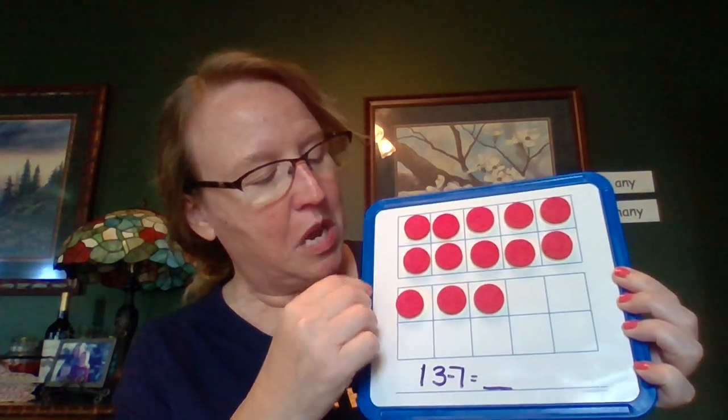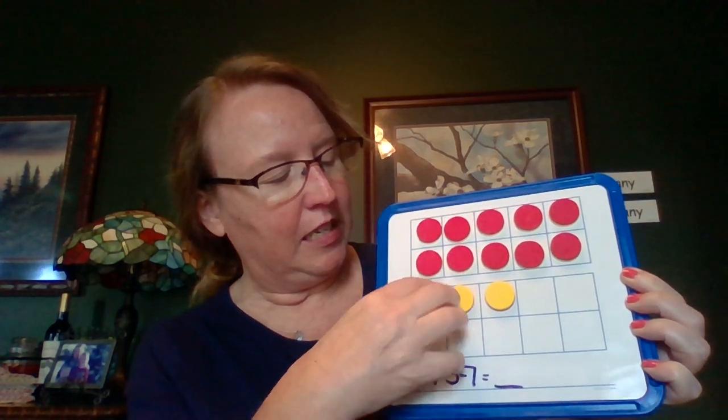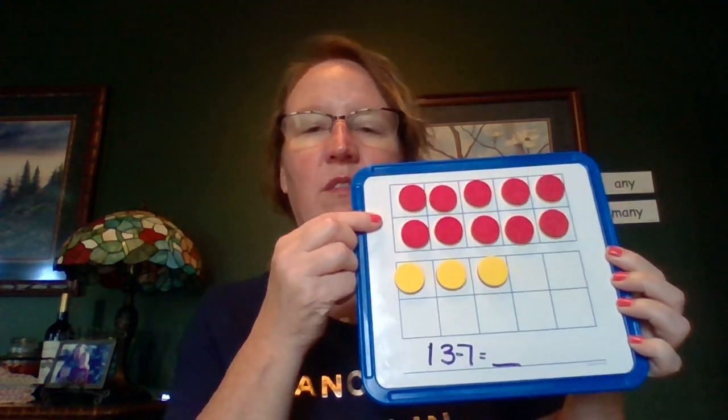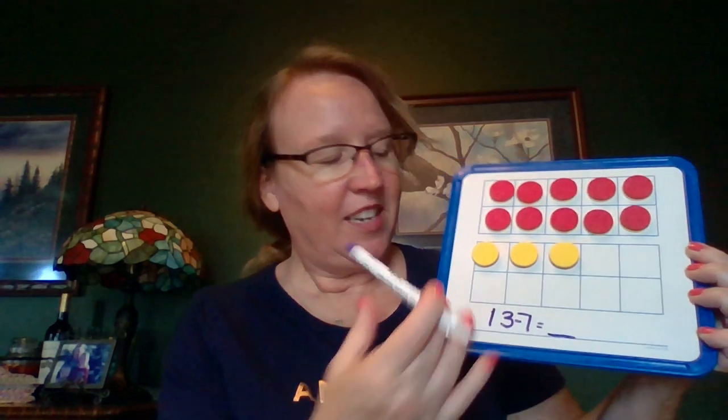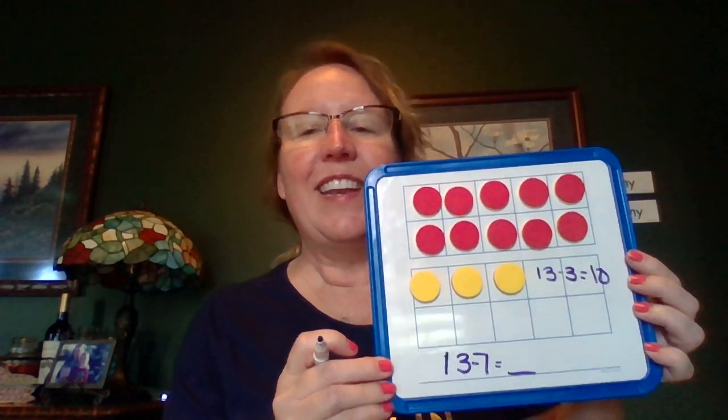All right. So here we go. I'm making a 10. I already have 10 here. So I can do 13, take away what to leave 10 up here? 13 minus 3 equals 10. Okay. Now, but it's not 13 minus 3, is it? It's 13 minus 7.